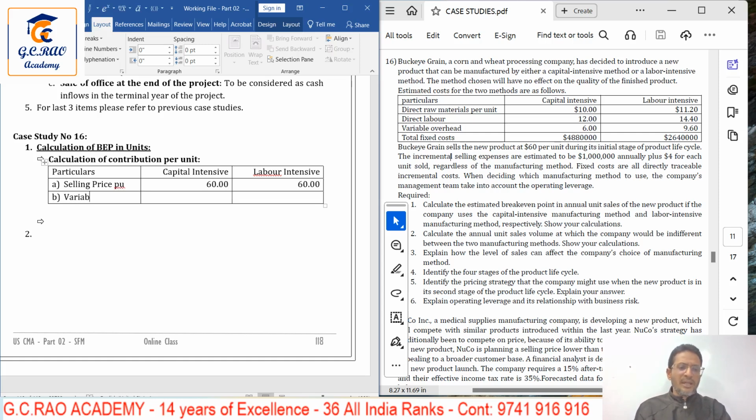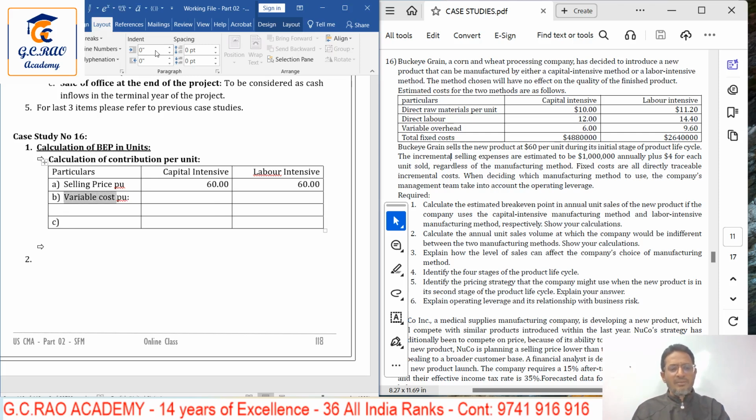Next one, small b: variable cost per unit. One by one consider. Direct material: capital intensive 10, labor intensive 11.20.